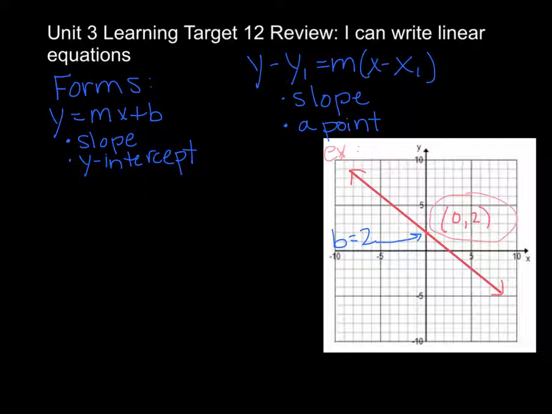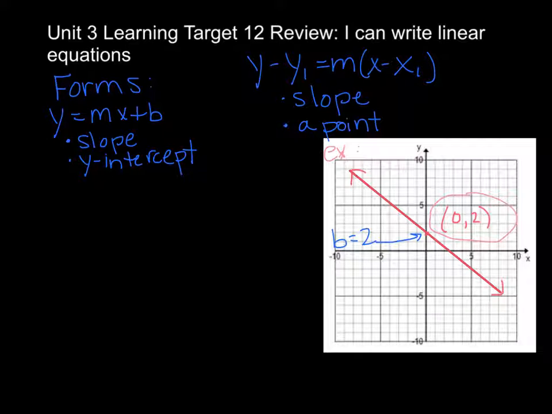No matter which one you thought, you would have to decide which one would be best. If you see that point, b equals 2, great, then you're going to use y equals mx plus b. That's probably what everybody should be seeing. If it goes exactly through the y-axis at a whole number, then you should probably use y equals mx plus b. I don't see the slope, so you would have to calculate the slope.